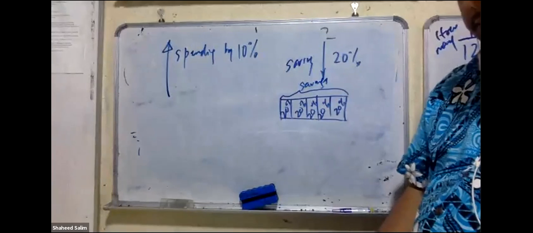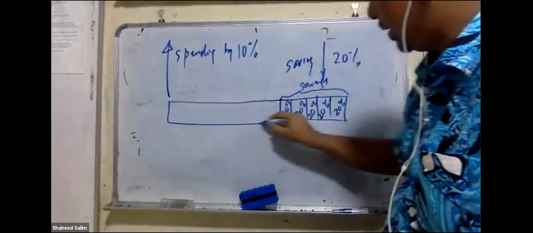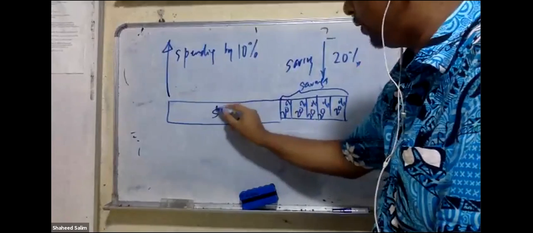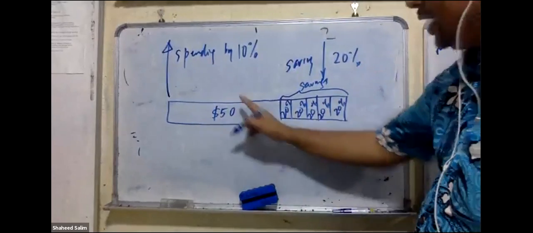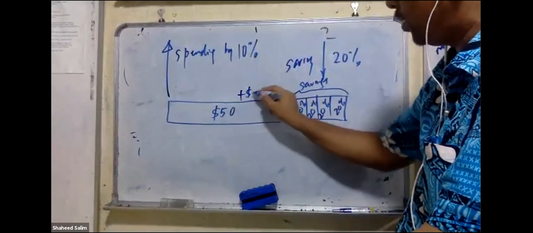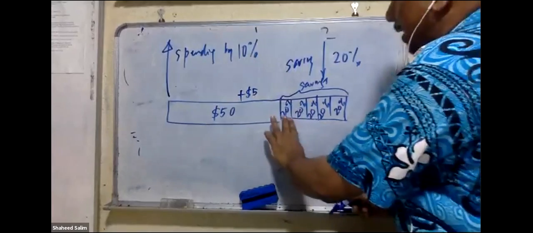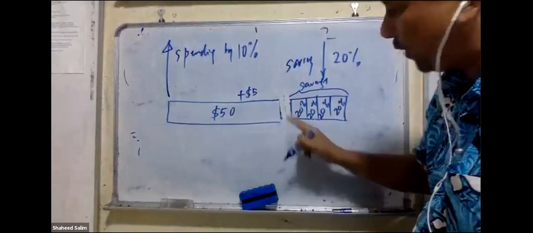Okay? And down here, this is what he spent, the $50. He says if he increased the spending by 10%, means by $5, we found out it's $5, he will lose 20%. That means this 20% is $5.